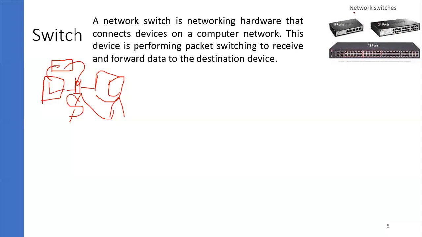So this might be a very small network with very limited devices, but this might be a little bit larger. In many cases we have to use a rack of switches, a lot of switches, to build proper communication.